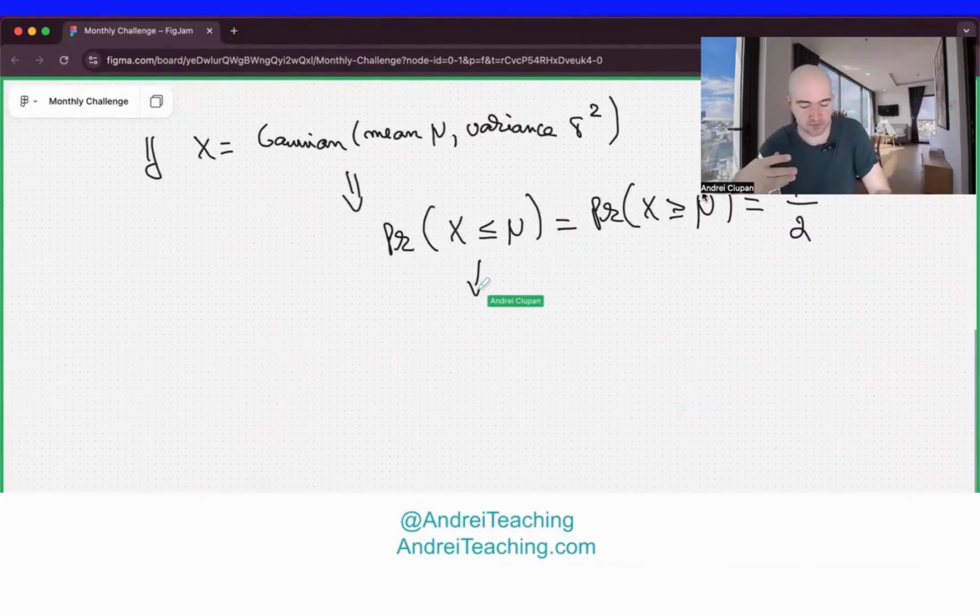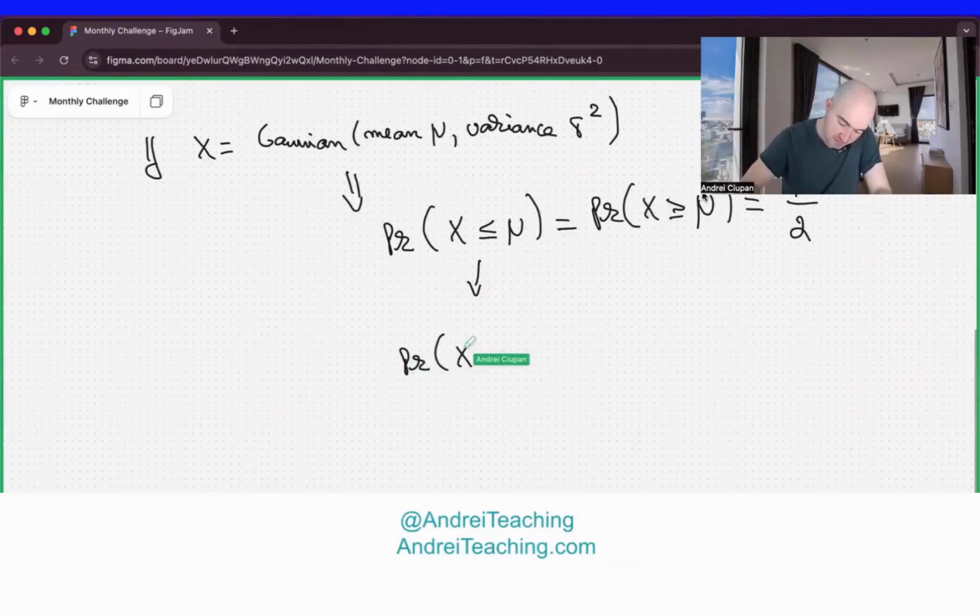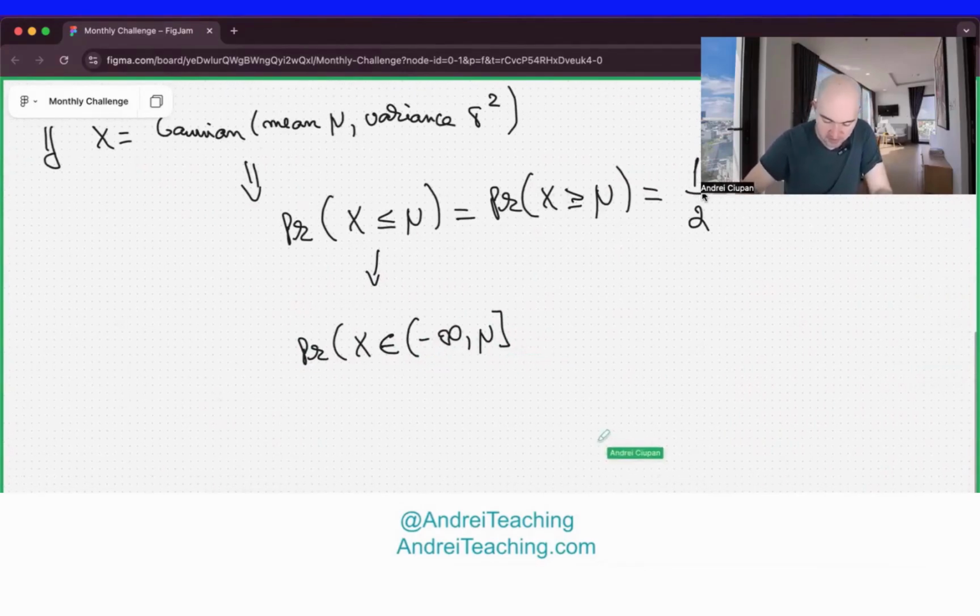We can even prove this with our description from the presentation of how we can characterize a probability distribution from the probability of it having a value between A and B. Because the probability that X is less than or equal to mu is the same thing as the probability of X belonging to the interval minus infinity to mu, if we want to be super precise, because this includes mu.